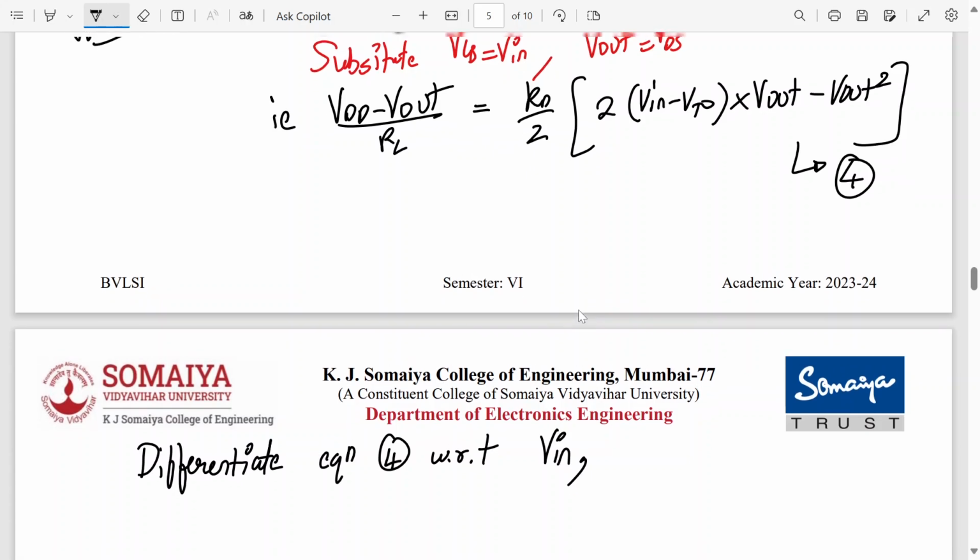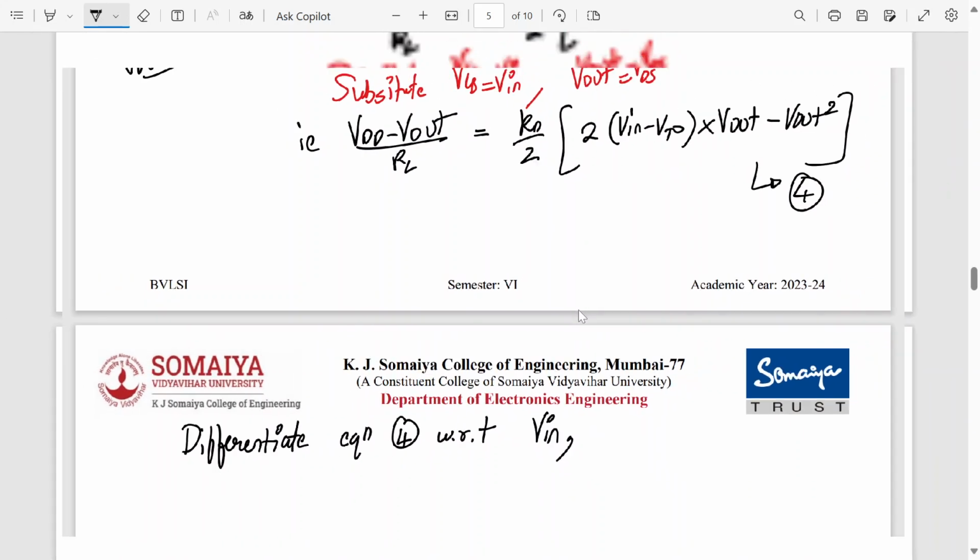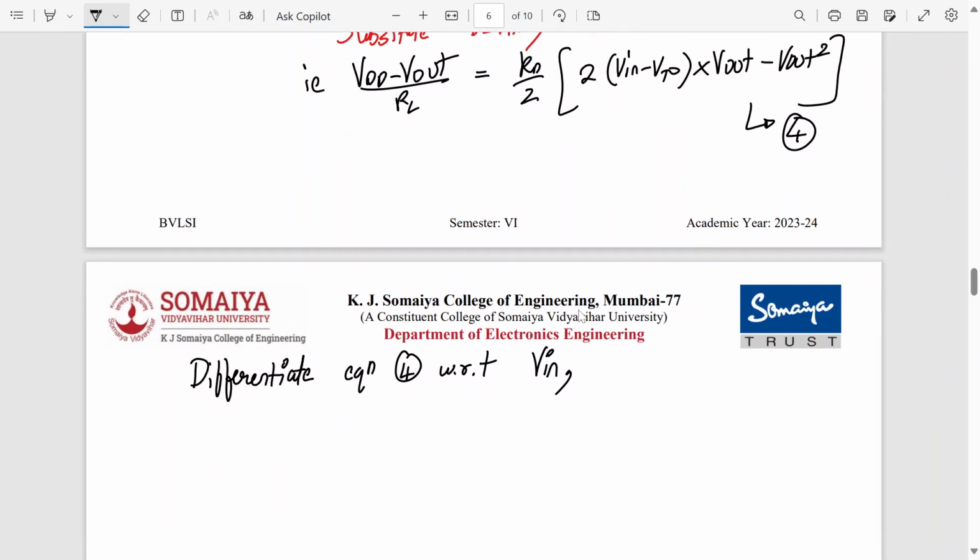Okay. So what's the first term over here? The first term, VDD upon RL will disappear because it is constant, so it will be -1 upon RL, and here we have dV out by dV in.